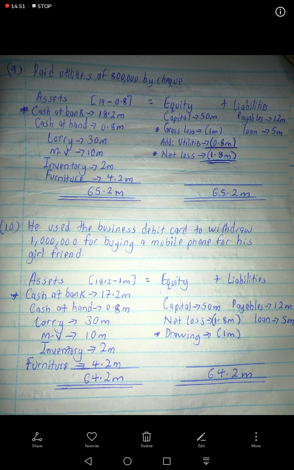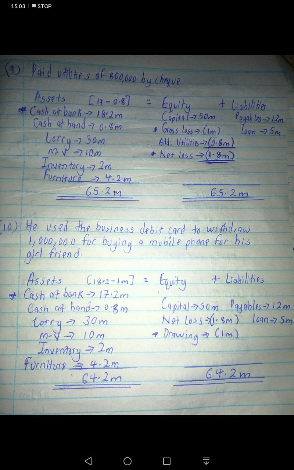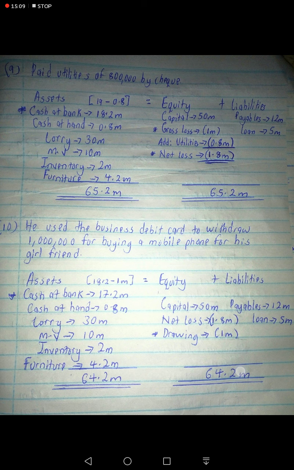Then equity is going to be capital of 50M. Then we're going to get a net loss. Our total net loss is going to be 1.8M, then minus the drawings of 1M, then the rest remains the same, payables of 12M, loan of 5M, and then we are going to be getting a total of 64.2M from this side.